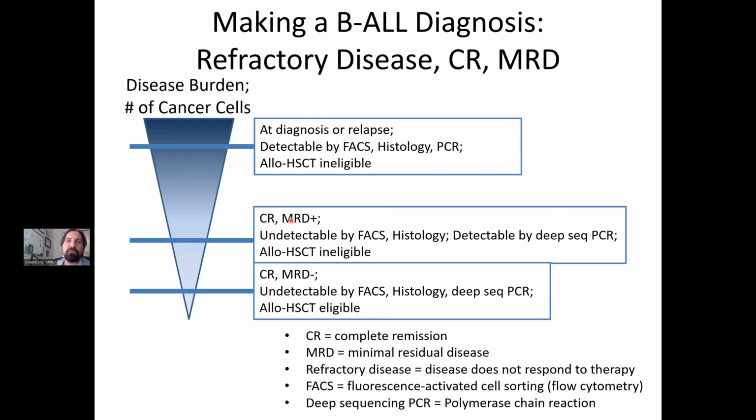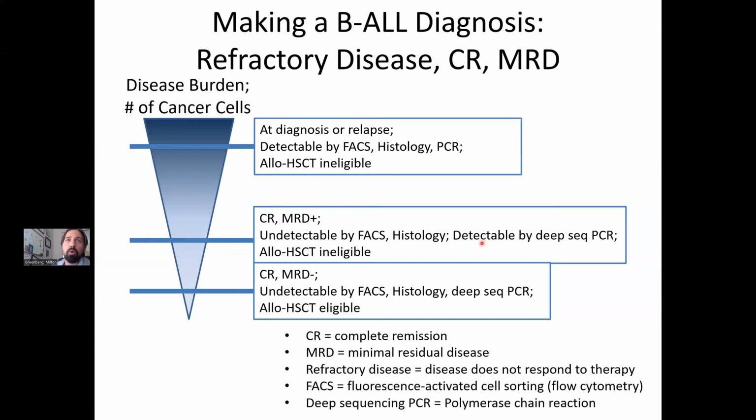However, these patients that are in complete remission might have some minimal residual disease. What is that minimal residual disease? So that means this would be undetectable by our less sensitive methods. So flow cytometry, histology, the blood smear, all of this, I wouldn't see any disease.